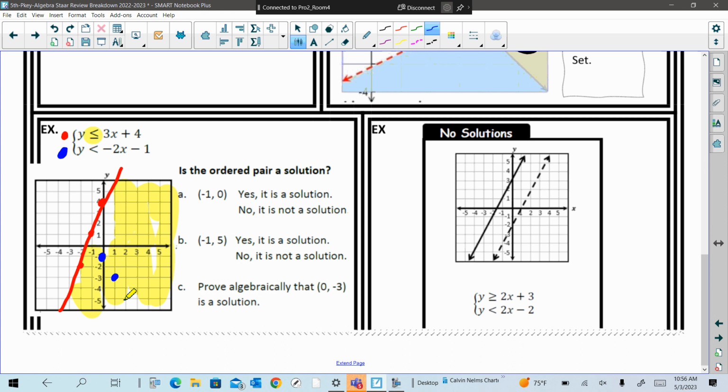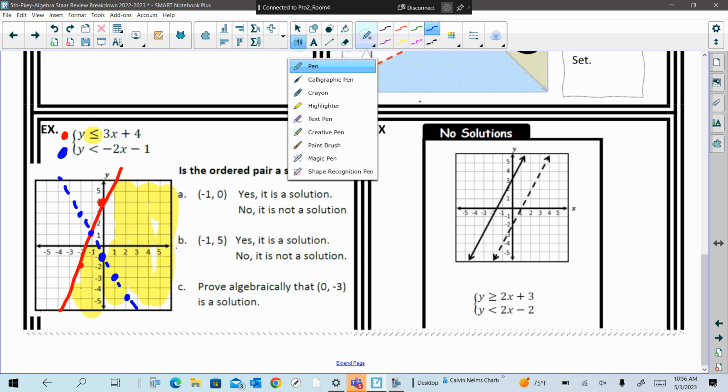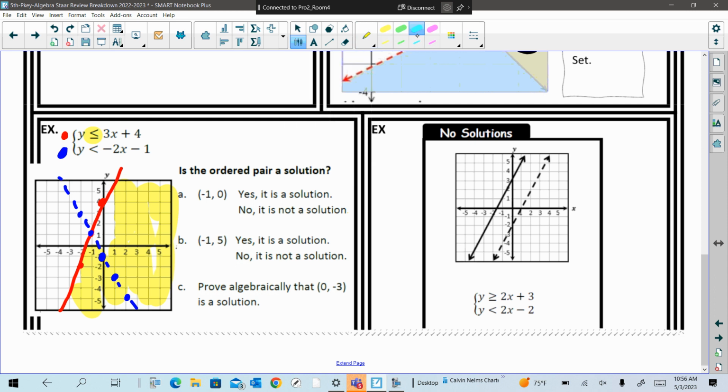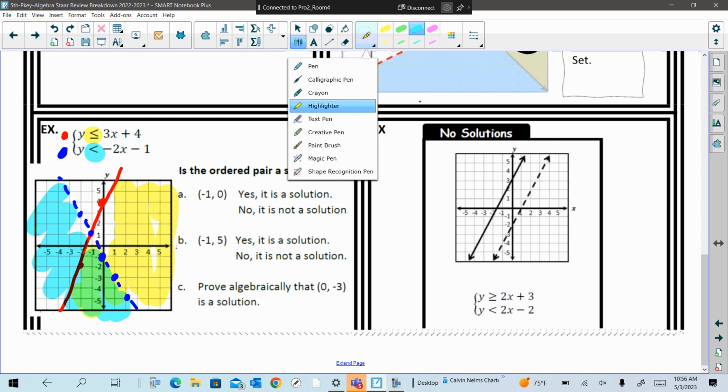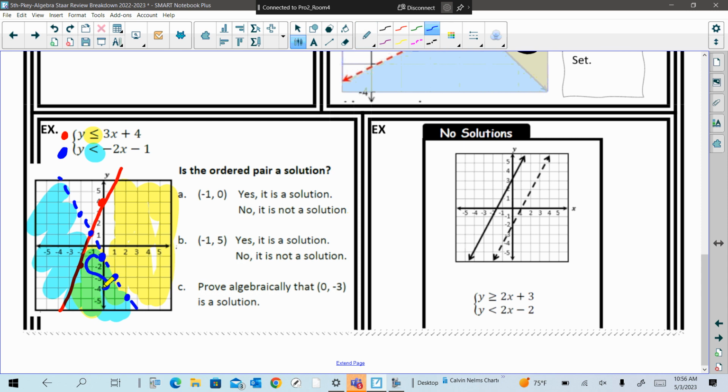There it is. Or up 2 to the left one. And then this is going to be a dash line. Okay. How are we going to shade? Below. So below will be here, like such. Do you see where they overlap? Yes. Okay, so I'm gonna put just a capital S to show the solution set.